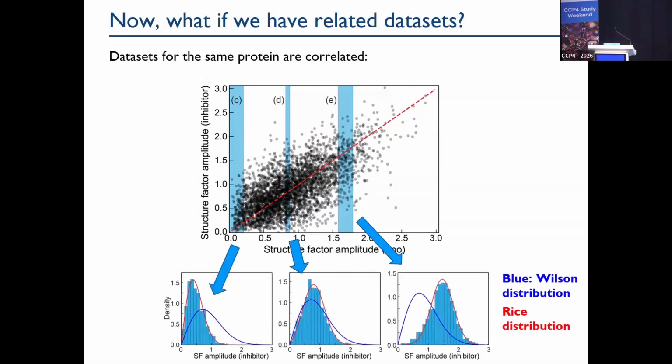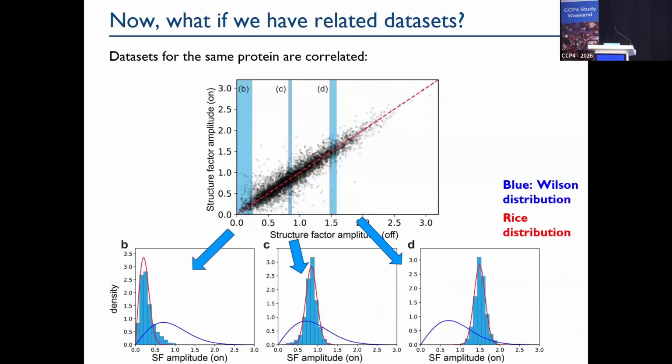So we can make histograms. In blue, I'm showing the standard Wilson distribution, and it's a well-known result in other contexts in crystallography that these conditional distributions should be Rice distributions. And you can see the Rice distributions fit the observed structure factor amplitudes for the inhibitor-bound data set very well.